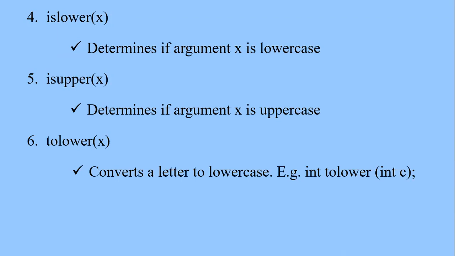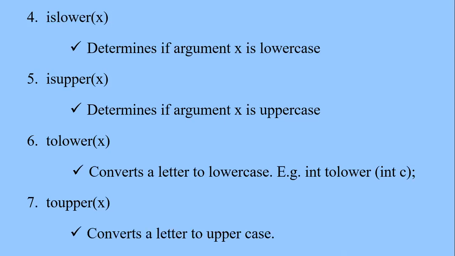In other words, if you have the function called tolower, receiving an argument or a parameter c, it returns a value which is an integer, but in lowercase. Then toupper, it converts a letter to uppercase.